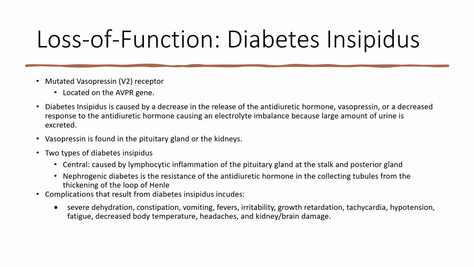An example of a loss of function is diabetes insipidus, which is caused by a mutated vasopressin V2 receptor located on the AVPR gene.